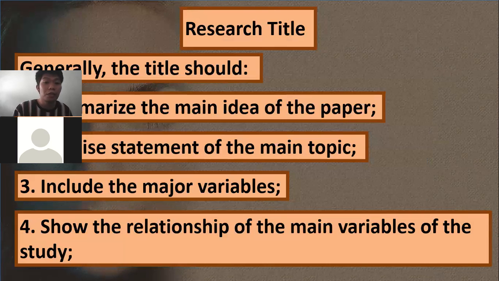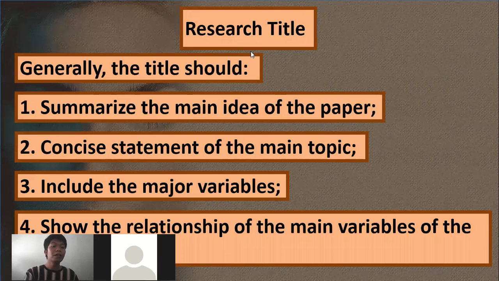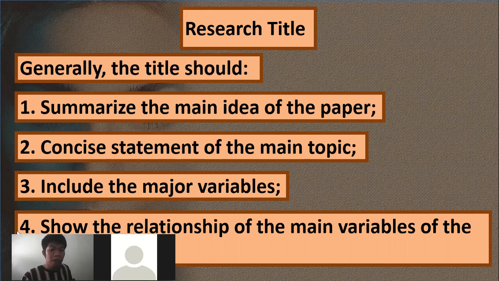So let's proceed to the research title. So generally, the title should summarize the main idea of the paper, concise statement of the main topic, include the major variables, show the relationship of the main variables of the study.